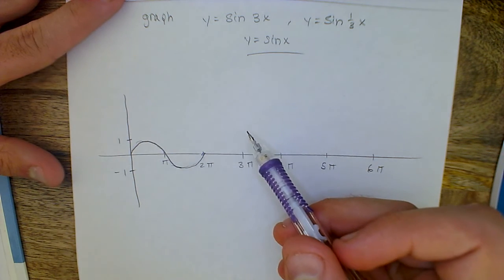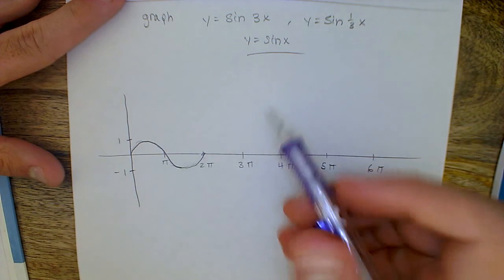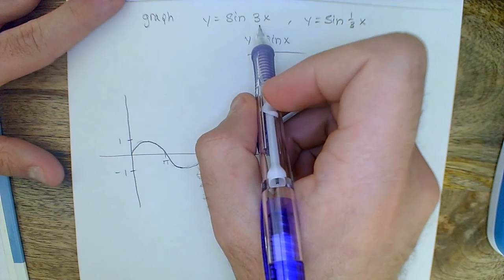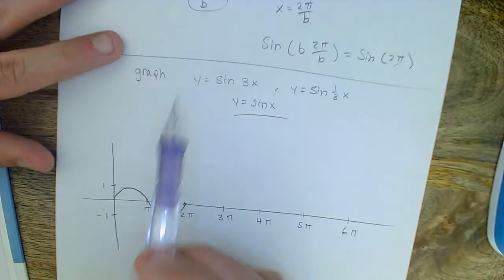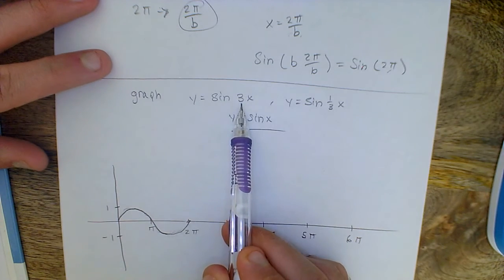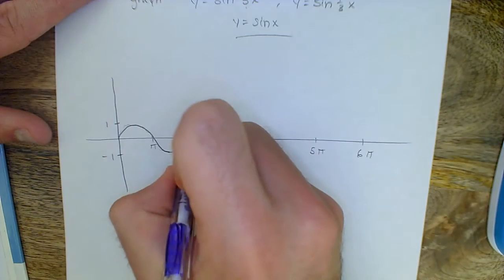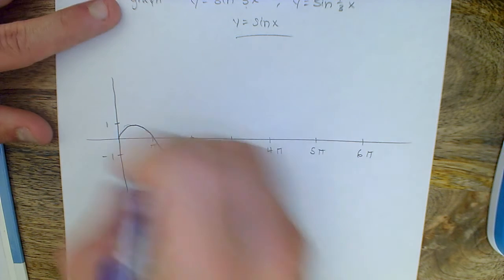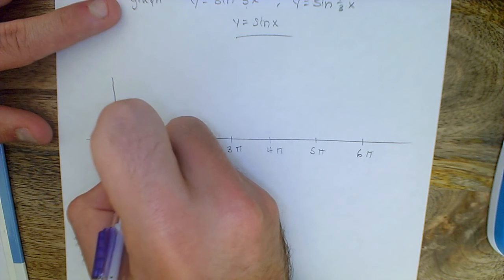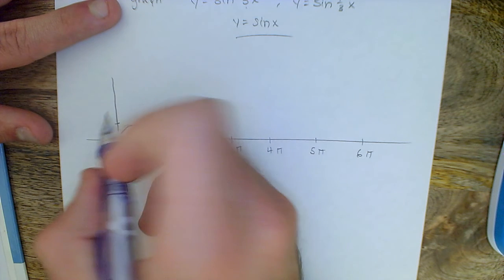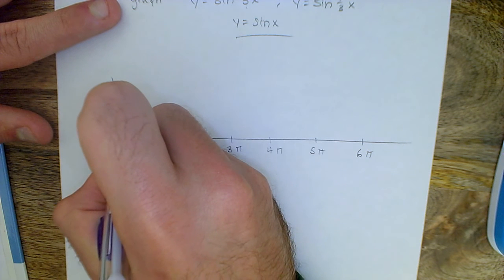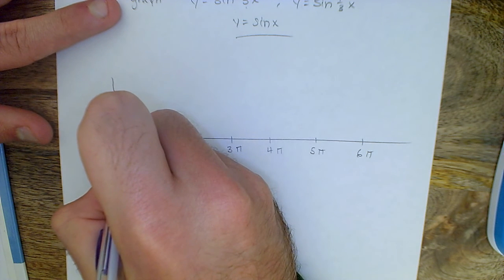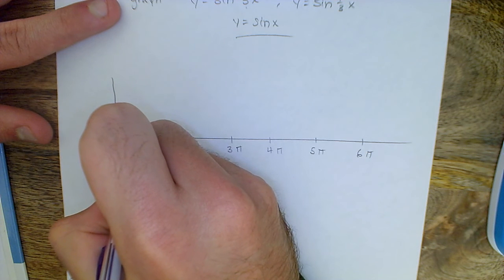Okay, so if I want to graph sine of 3x, the period, or cycle length, is now 2 pi over b. But b in this example is 3. So 2 pi over b is going to be 2 pi over 3. So it's like 2/3 pi, right there. So I need to graph this whole cycle.